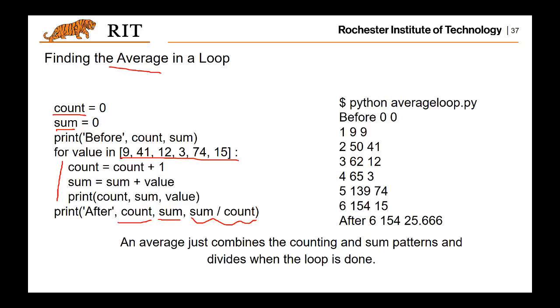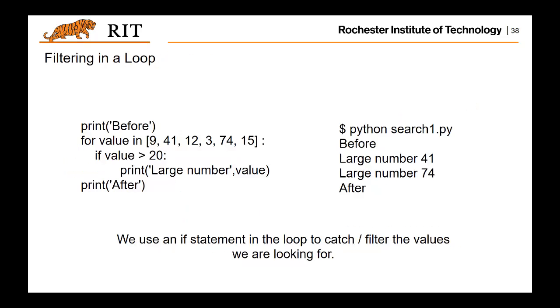And the next one is filtering. Filtering is realized by setting up some conditions inside the loop. For example, still looping through the array, but you set up a condition here: if the element kept in the variable value is greater than 20, do something.